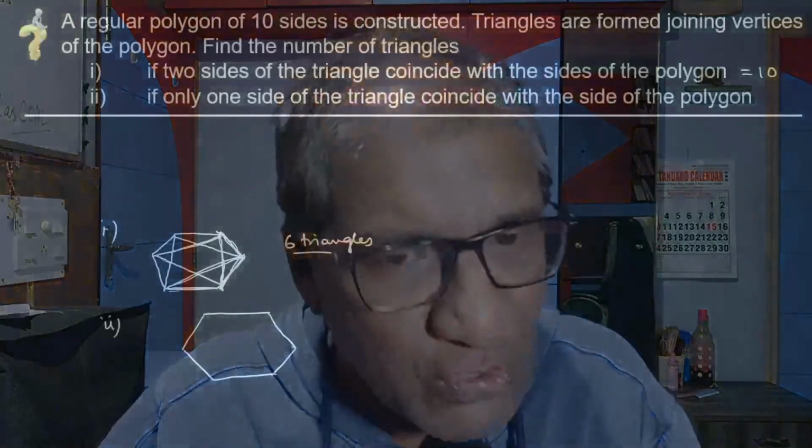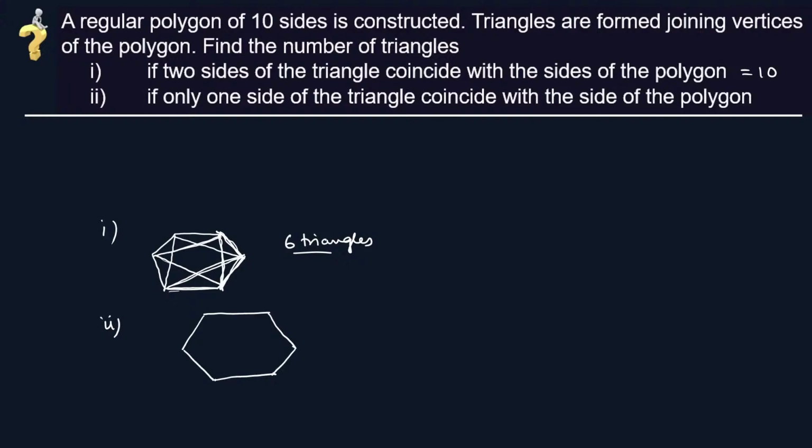Now in this question they are saying that you form a triangle, but exactly one side of the triangle will coincide with a side of the polygon. So let us consider this side.